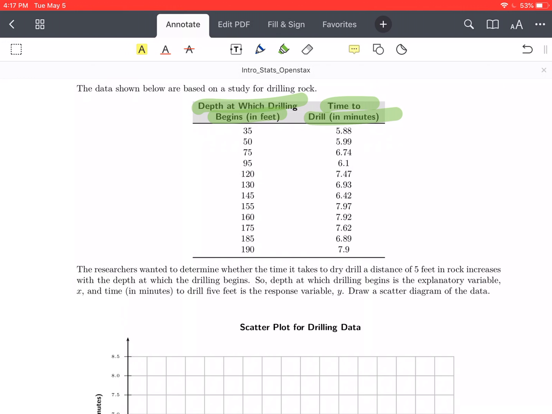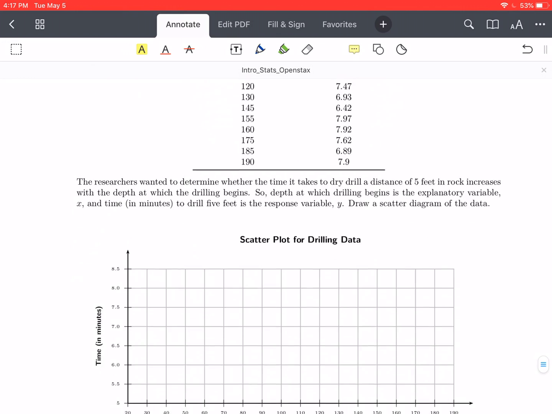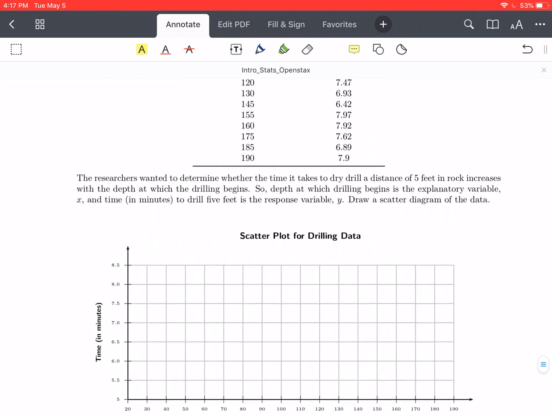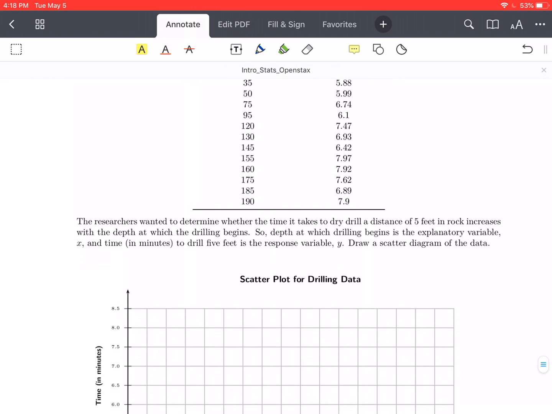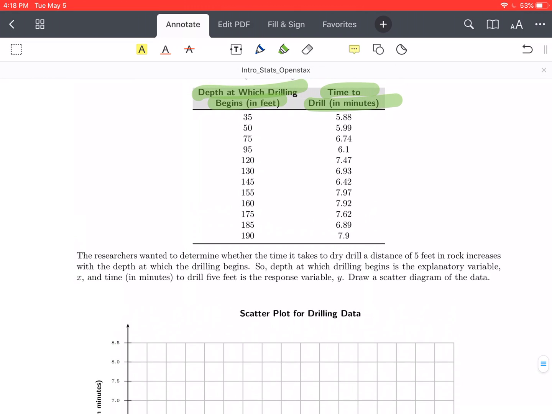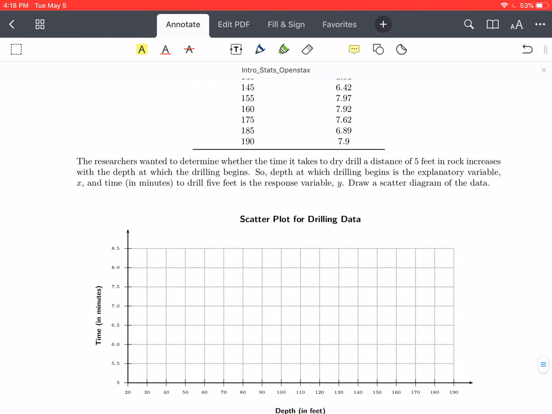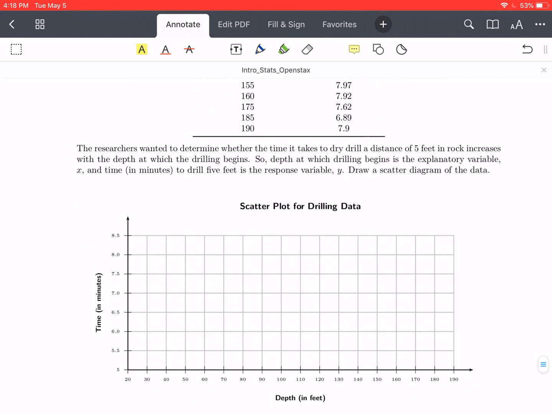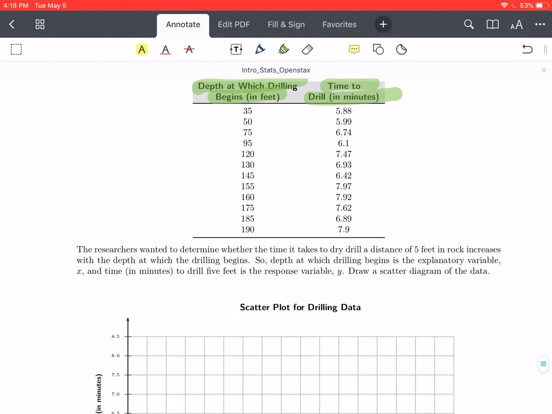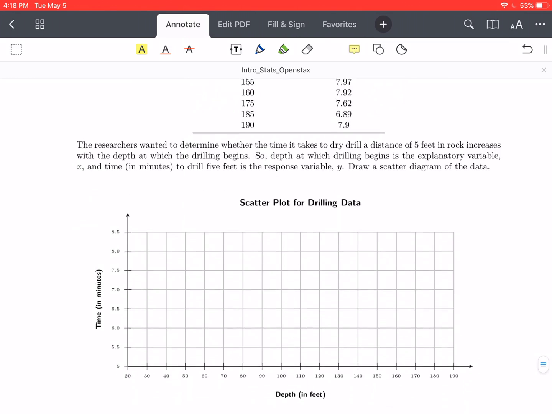Okay, so we're going to take this data and plot it here on our scatter plot. Hopefully you have your notes handy, so go ahead and start plotting these. You can plot along with me here. We've got 35 and 5.88.